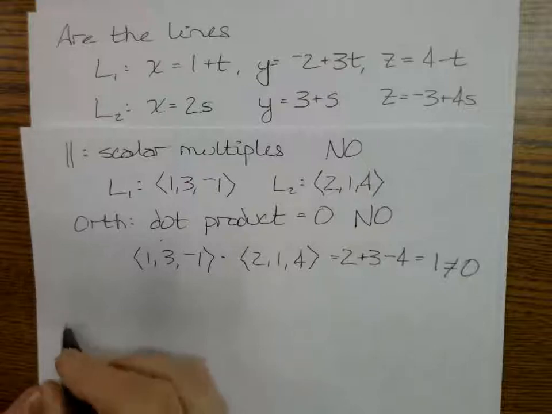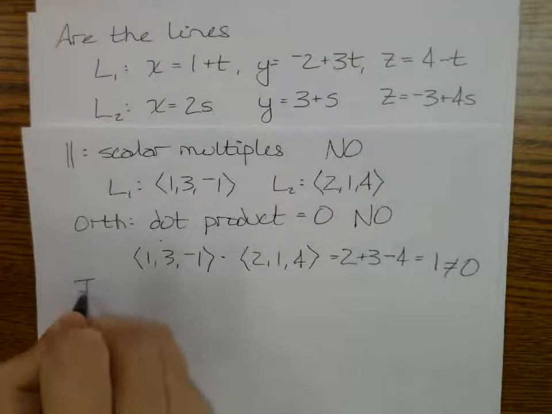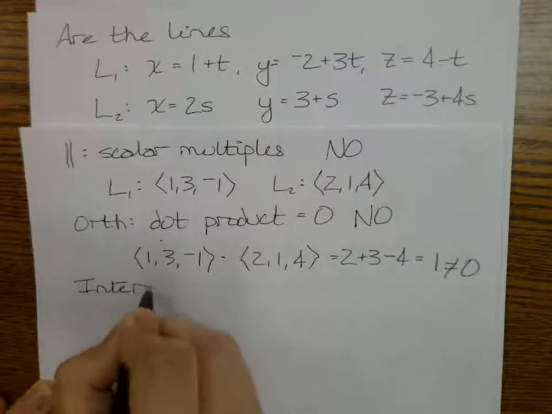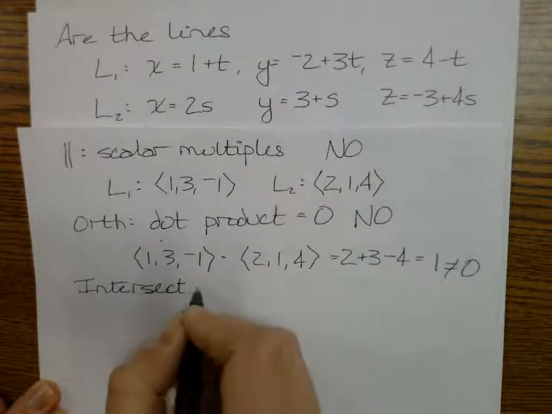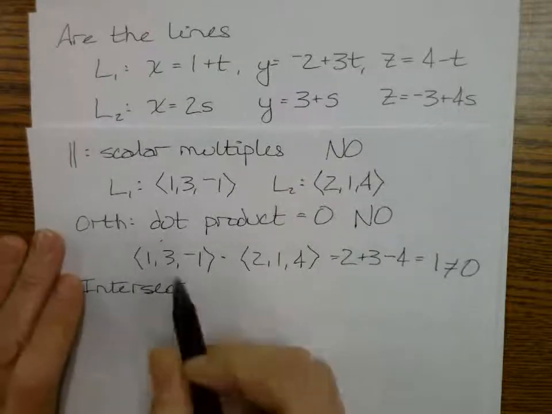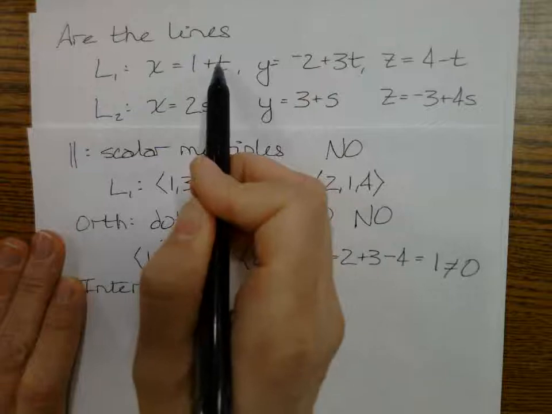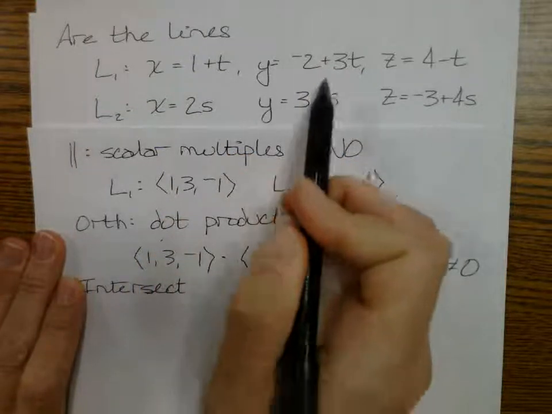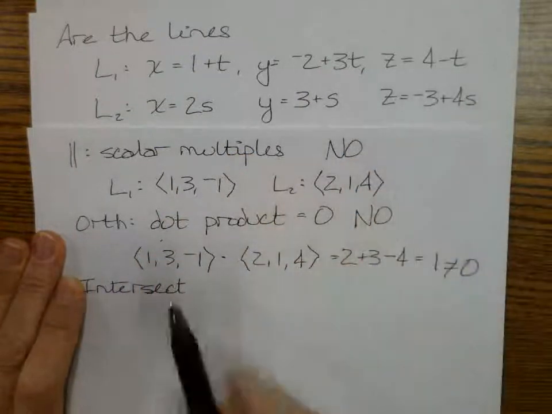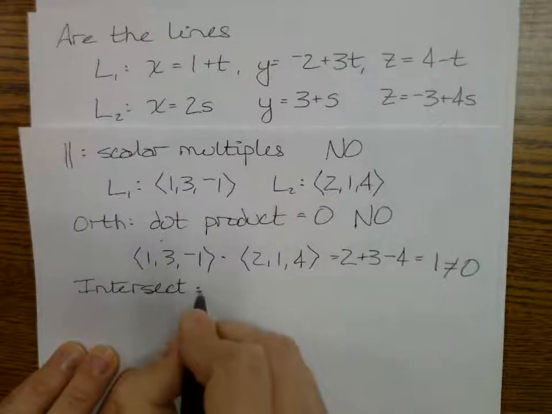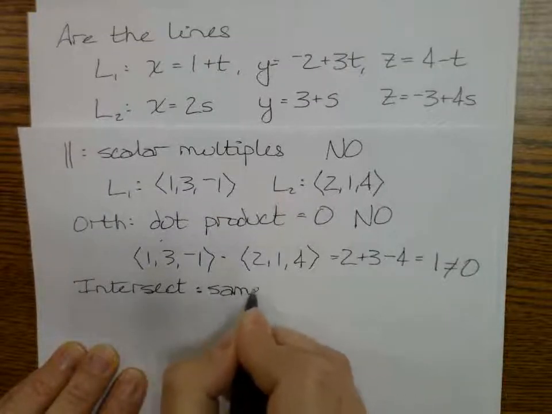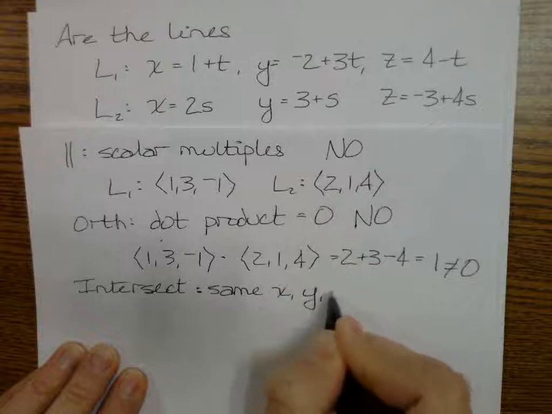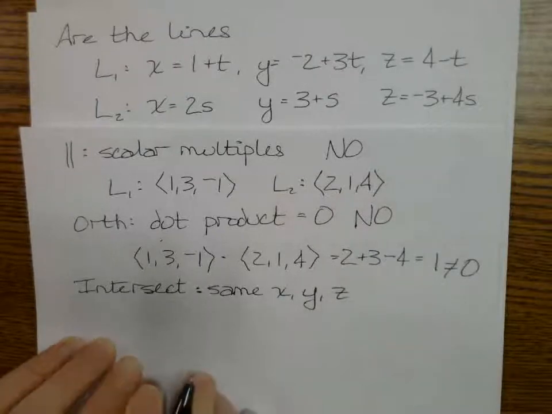Well, if my lines intersect, then there's a point somewhere out there in space where the x coordinates are the same and the y coordinates are the same and the z coordinates are the same, because it's the same point on both lines.